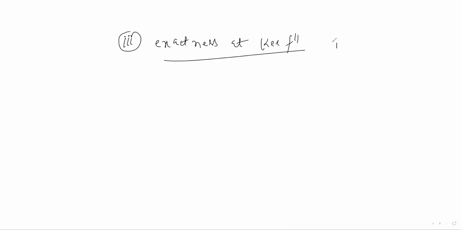So third, exactness at kernel f double dash. So what we have to show? You have to show that image of v bar is same as kernel of d.